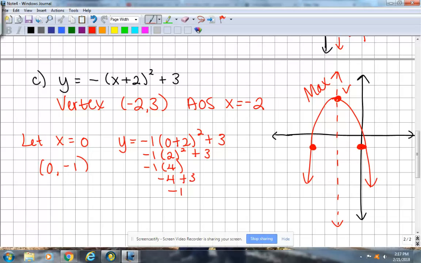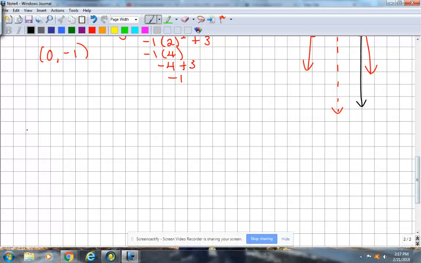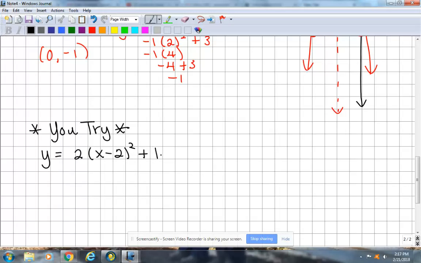I want you guys to try one on your own. Y equals 2 times x minus 2 squared plus 1. Do the same thing. Pick out your vertex, pick out the axis of symmetry, graph it, pick a next value, plug it in, graph the next 2 points.